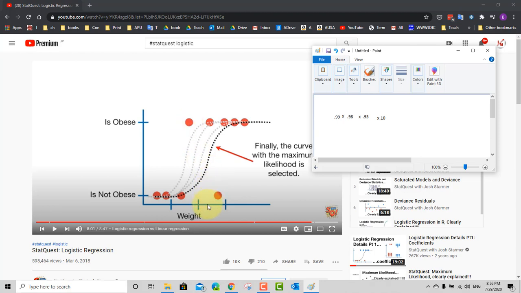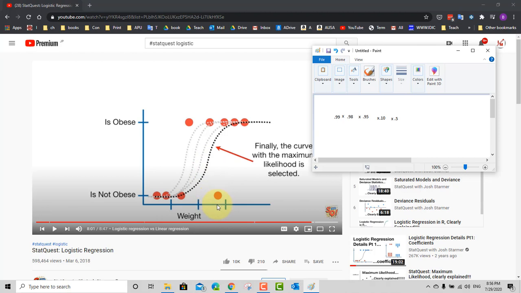Okay, then we go up to this one, and this one maybe is about 0.5 on both sides, whether it's obese or not obese. So we add in a 0.5 there. It didn't do a great job, but whatever, 0.5. And then we go to the next one, which is here. Or wait, did we do that one?